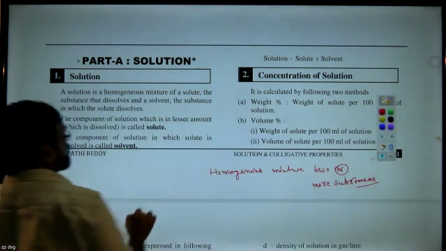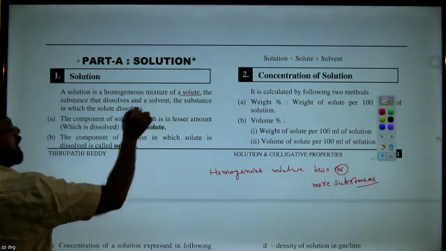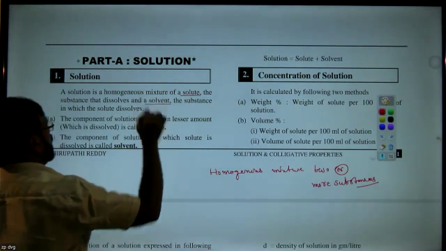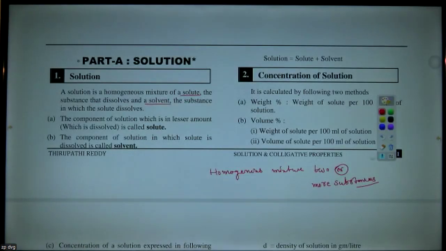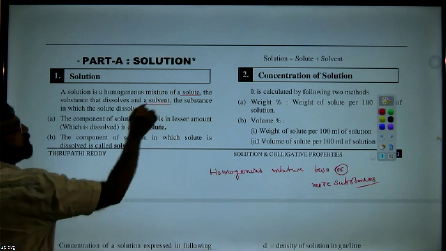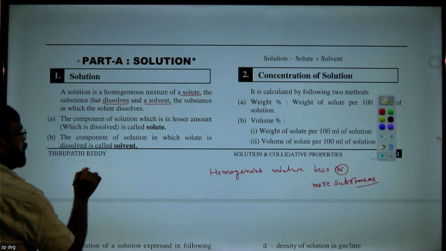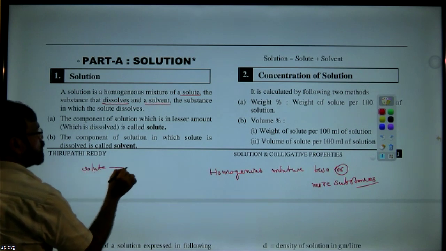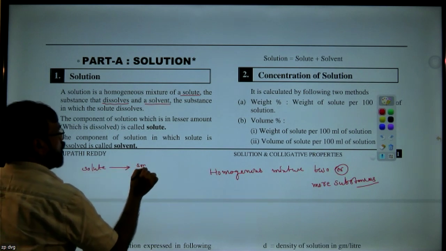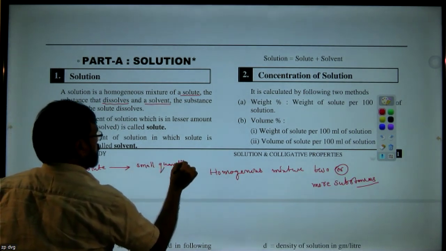In that, one substance is called as solute and another one is known as solvent. Actually, what is the definition of the solute? The substance that dissolves is known as solute, or we can say solute is present in small quantity. Then it is the solute.